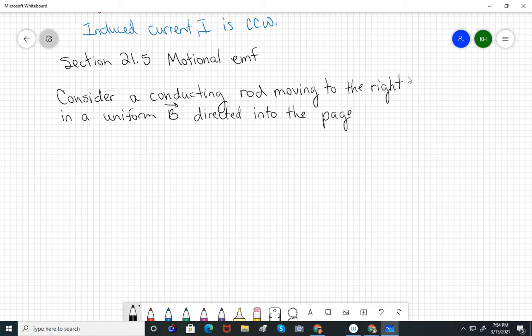So here's our conducting rod, just a piece of metal. I'm going to label this top end A, this bottom end B. It's going to be moving directly to the right, and our magnetic field points into the board.